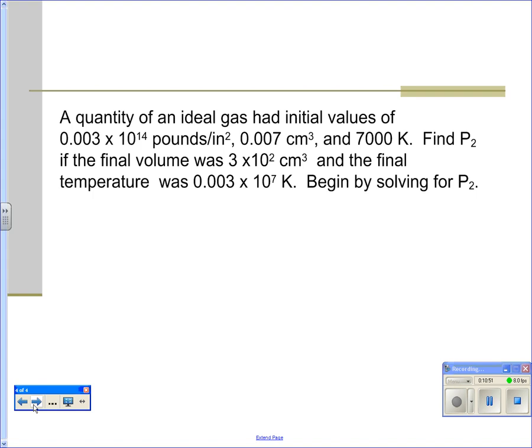No, yeah, it's the pressure. Because then they tell you the final volume was centimeters cubed. Temperature, kelvins. So what?